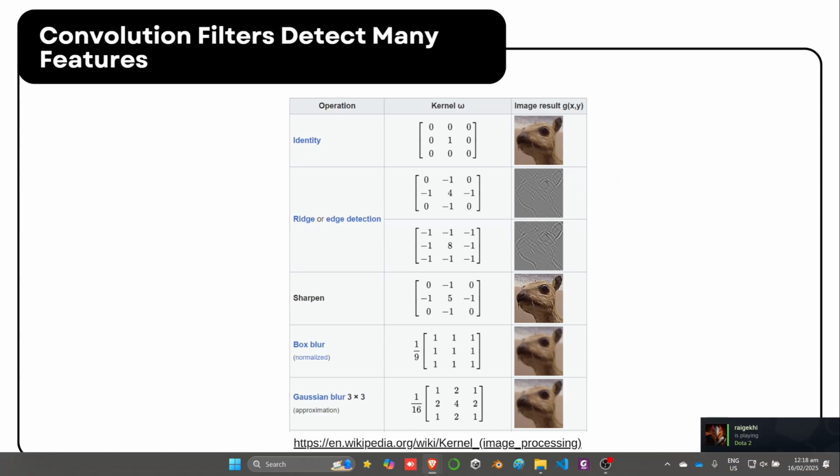So it learns the weights of different filters. That's the cool part about CNNs, which we'll get into shortly.